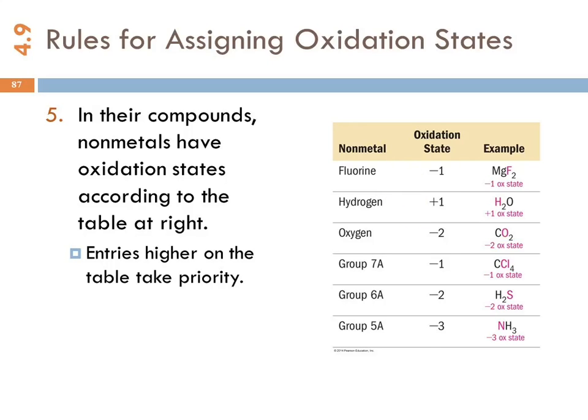That corresponds with the charge that that element likes to have, right? And hydrogen has a +1 oxidation state, which is the charge that it likes to have. Oxygen is -2. The other group 7As are -1. Group 6A is -3. Group 5A is -3. Okay?